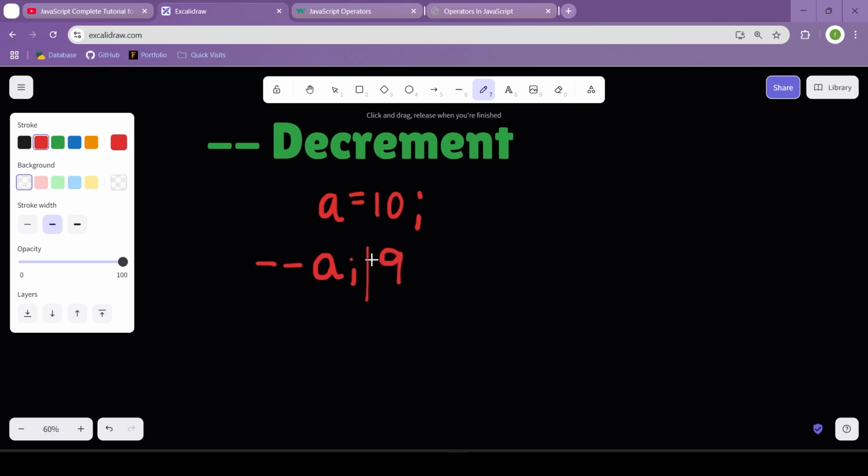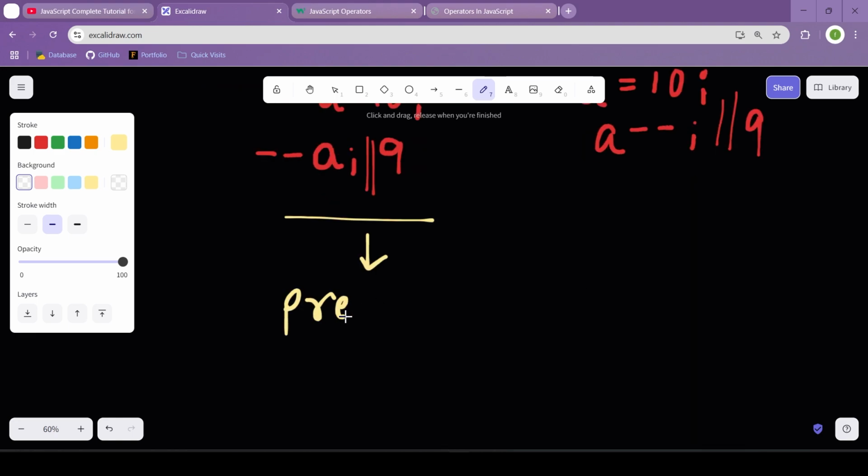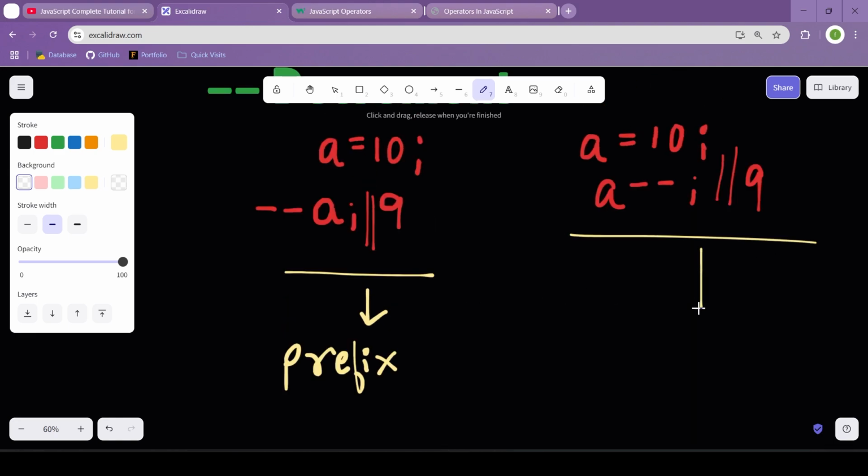It will be 9. And if I do A minus minus, then also your value would be simply 9. And this thing, again your prefix, and this thing, your postfix.